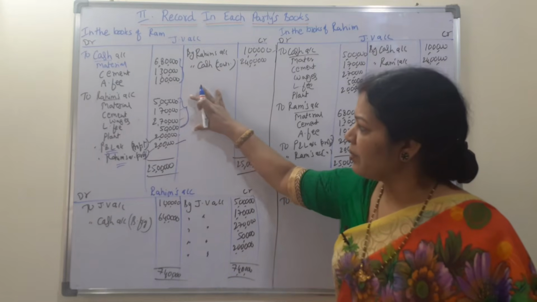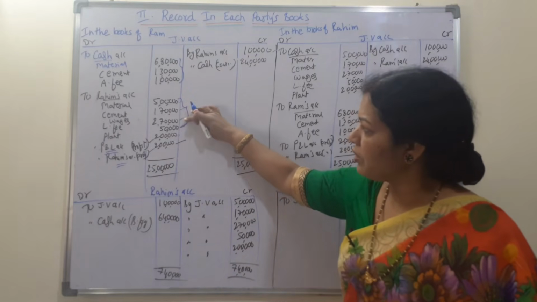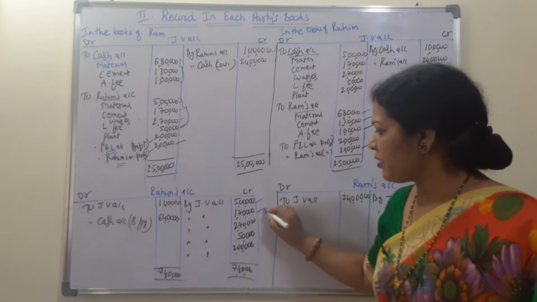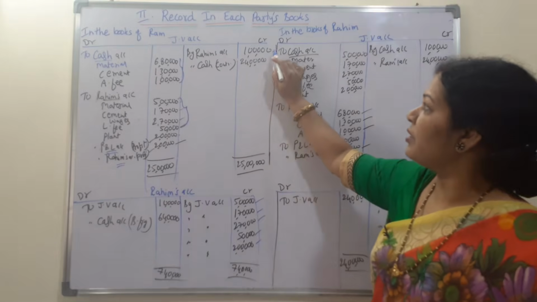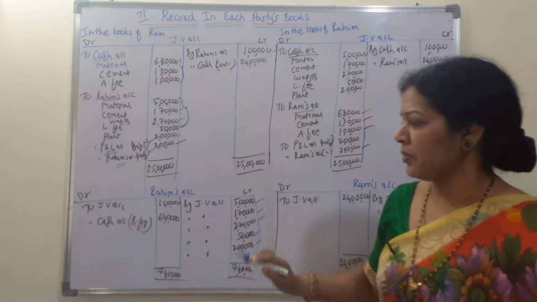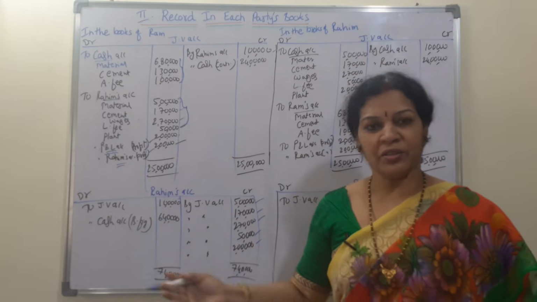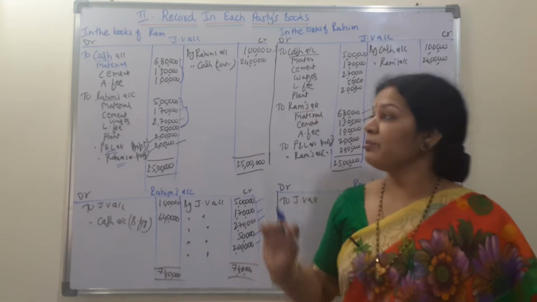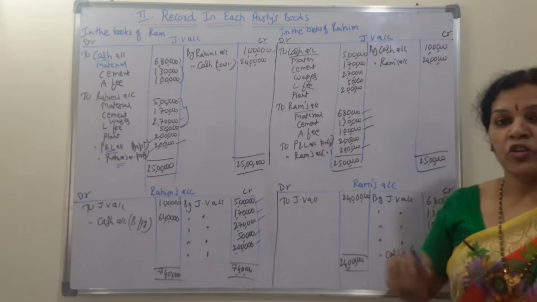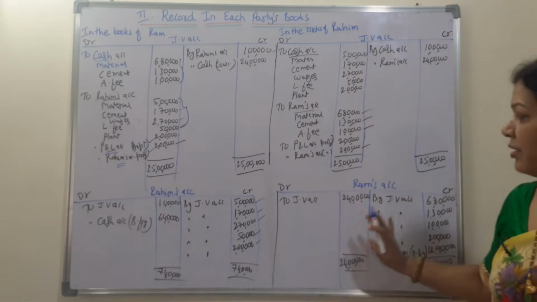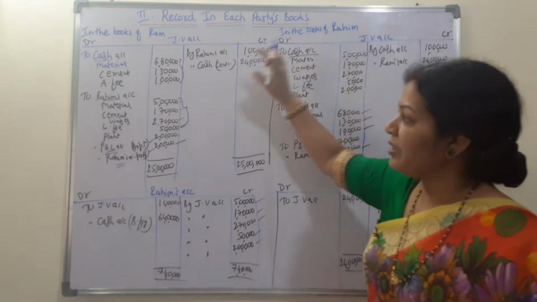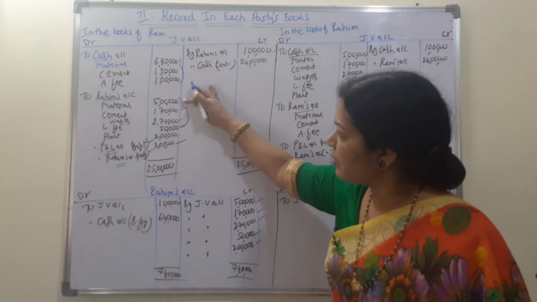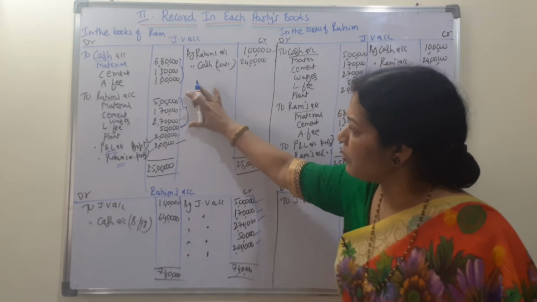Nothing is there, Raheem's account. Simply Raheem's all these transactions, 1, 2, 3, 4, 5. 5 we have transferred here. And here Raheem 1 lakh also transferred. This is the balance you got. You are saying it as a cash. In the same way, in the books of Raheem, open the joint venture account and Ram's account. In the books of Raheem, Raheem's all these 1, 2, 3, 4, 5, 1, 2, 3, 4.